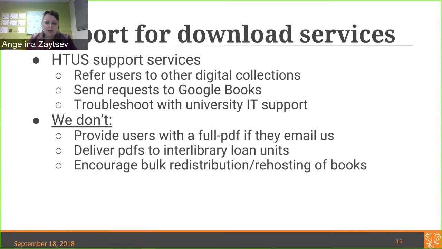For example, we know that the University of North Texas Digital Library has a really excellent federal documents collection, and sometimes we'll check there to see if they have a copy of a federal government document. We also work closely with Google Books support staff, and we can send them requests to review the copyright status of books in their collection, see if they can make their copy available, and then refer users to the Google Books website to download a copy of that book.